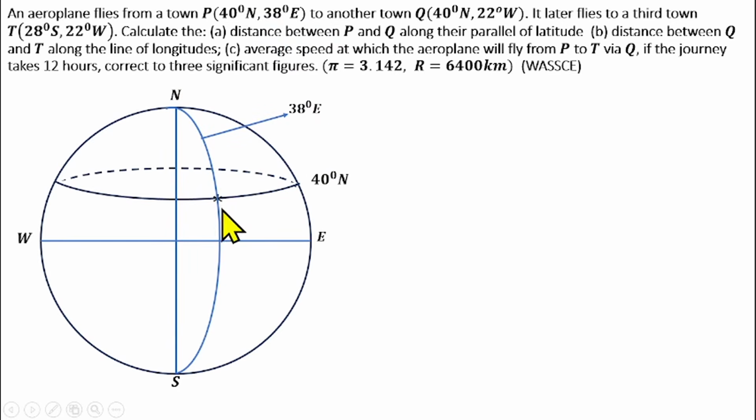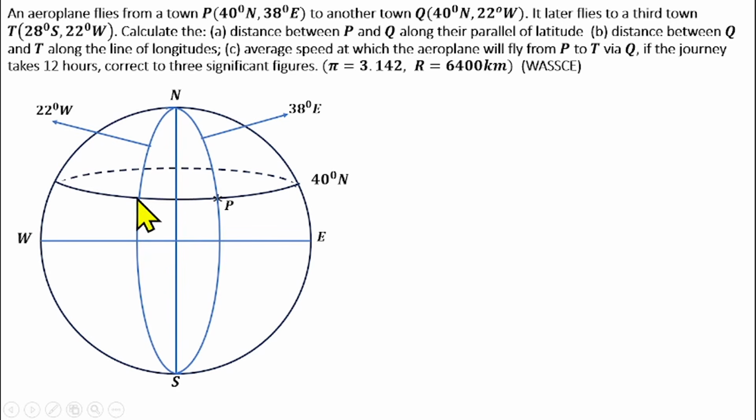So that means this point will be point P. Then town Q also is on the same latitude of 40 degrees north. Its longitude is 22 degrees west. So I'm going to draw another angle here on the west of longitude, which gives us 22 degrees west.